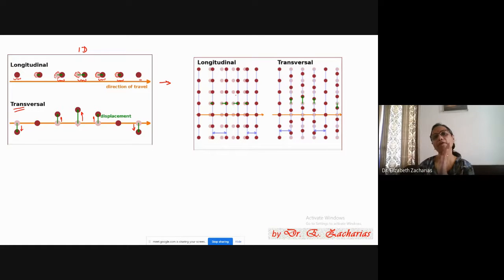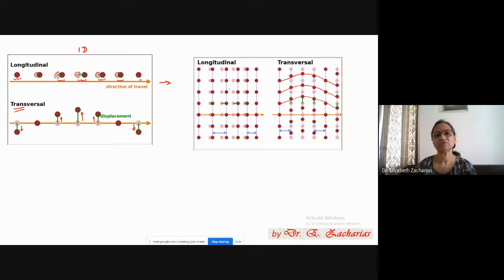You find a certain pattern. That's what I called the orchestrated motion. Similarly here, it is transverse. But the motion from equilibrium position has a certain pattern.